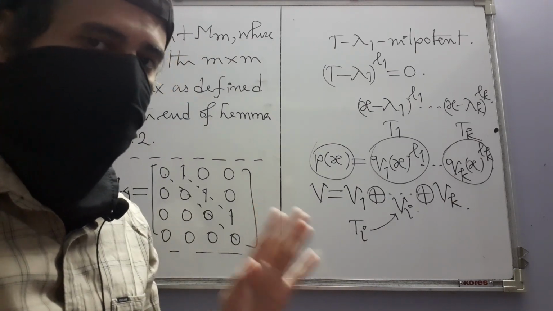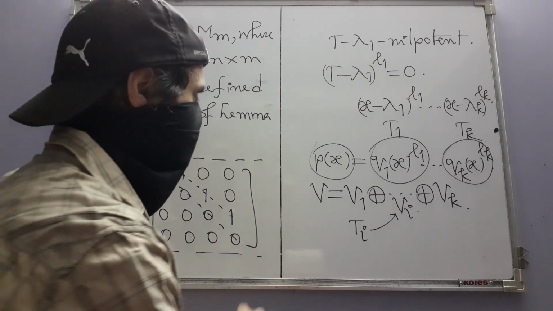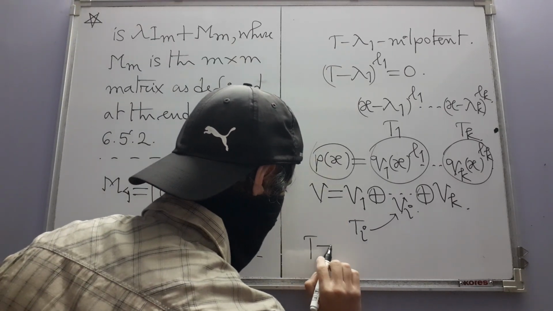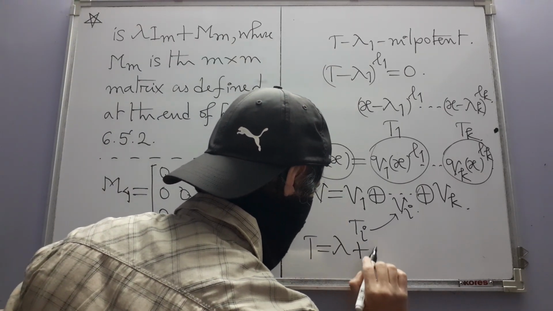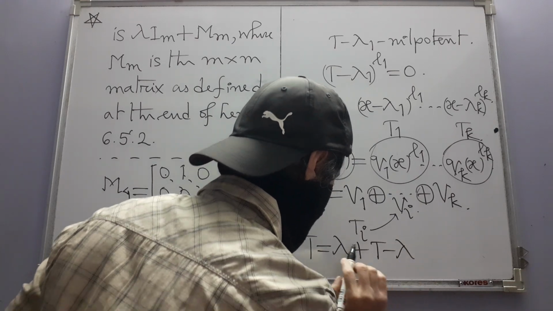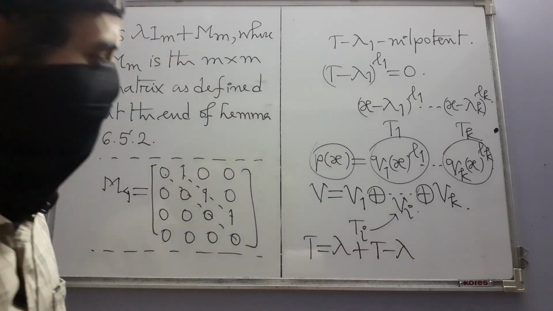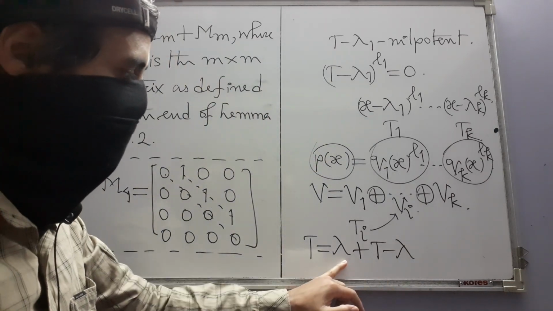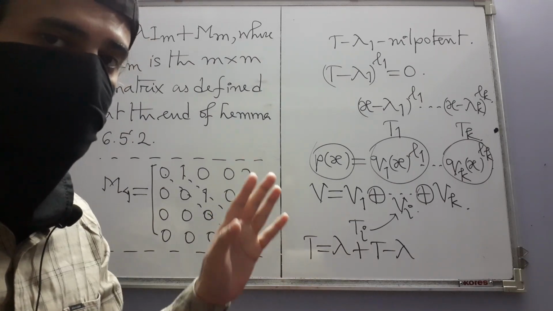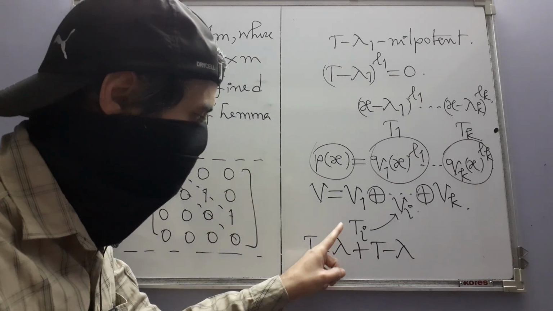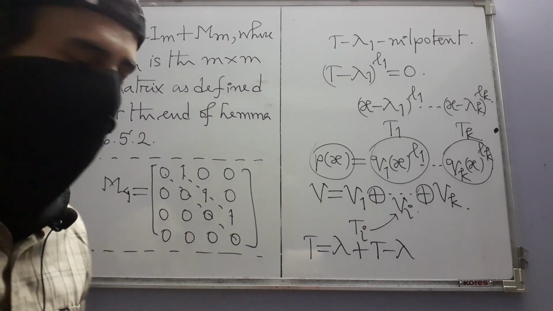Of course, T itself may not be nilpotent, but T can be written as lambda plus T minus lambda. Oh, and one more thing, do not forget that when we add or subtract simply lambda, it's not just the scalar lambda, but lambda times the identity operator. That's understood.